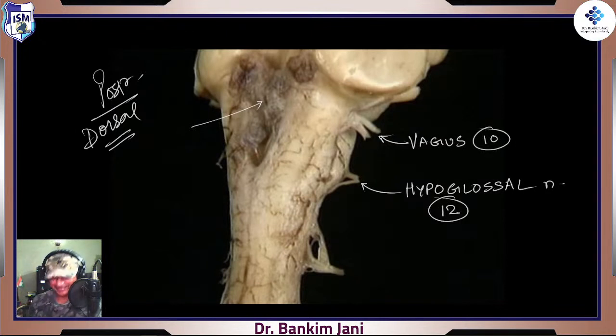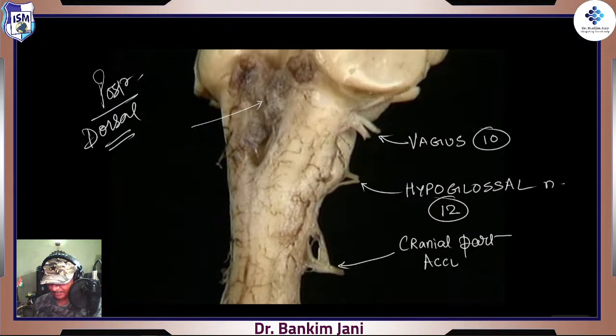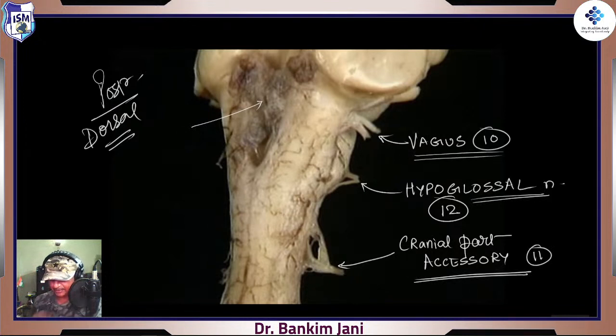Where is the 11th? Here is the 11th. It is this cranial part, because it has got two parts. So this is the cranial part of the 11th cranial nerve, that is the accessory. So this is the 11th one. Here it is the 11th, that's the 12th, and this one is the 10th.